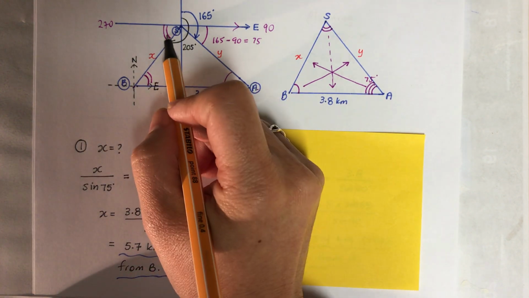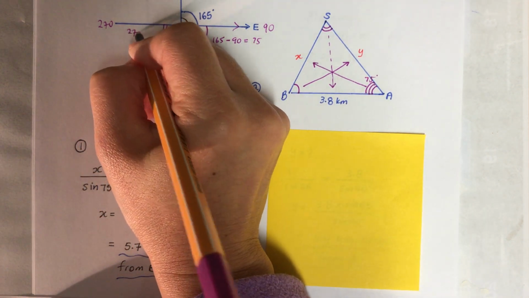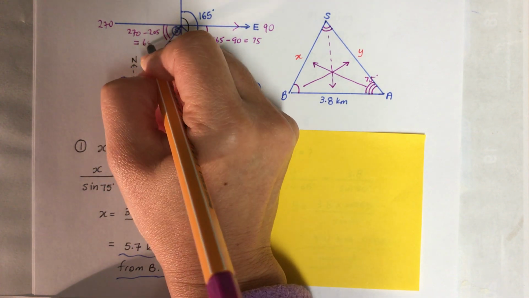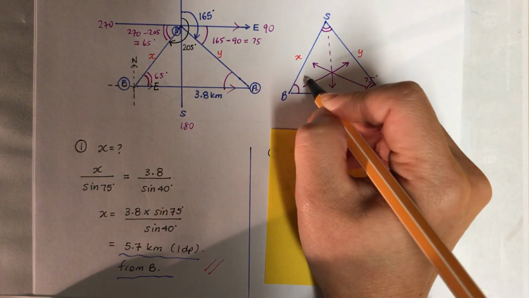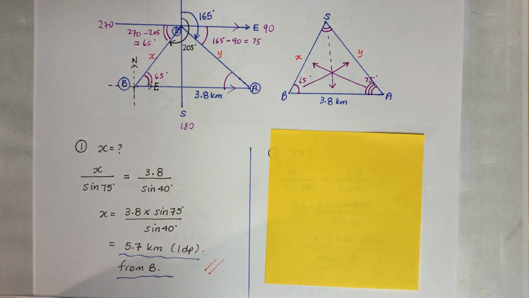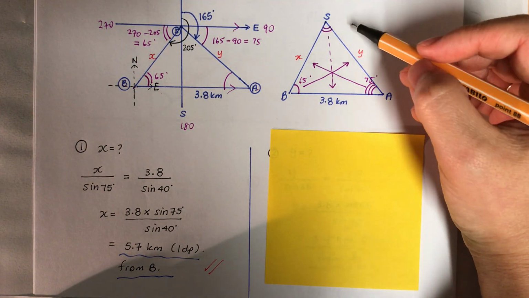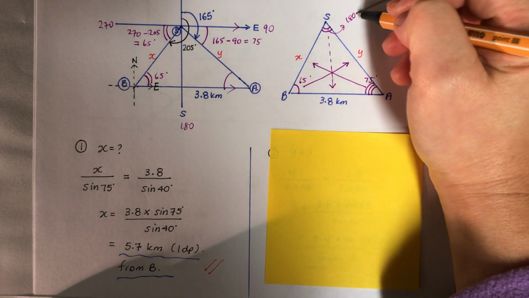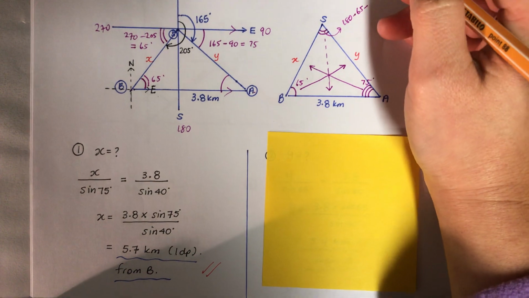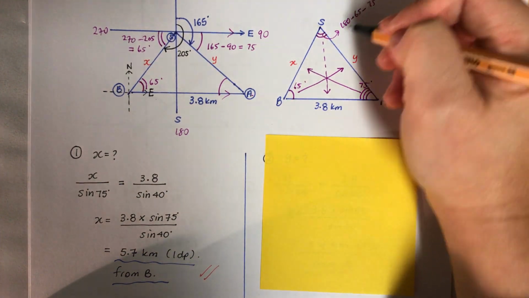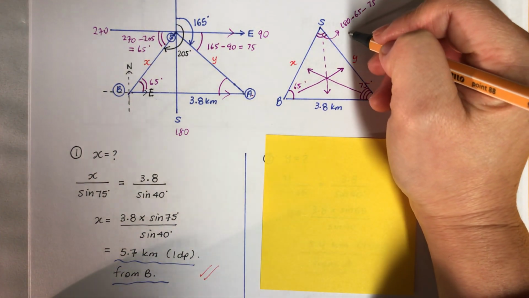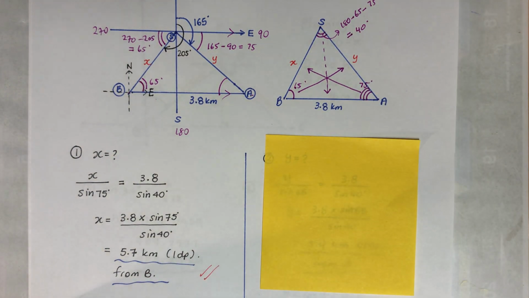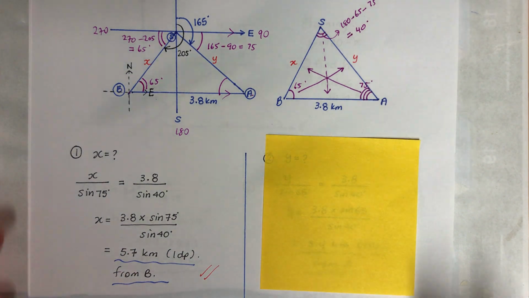So how do I find that one? 270 take away 205 will give me 65. So that's 65, 65. And this one, that's not bad. 180 take away 65 take away 75 will give me 40, isn't it? Yep.